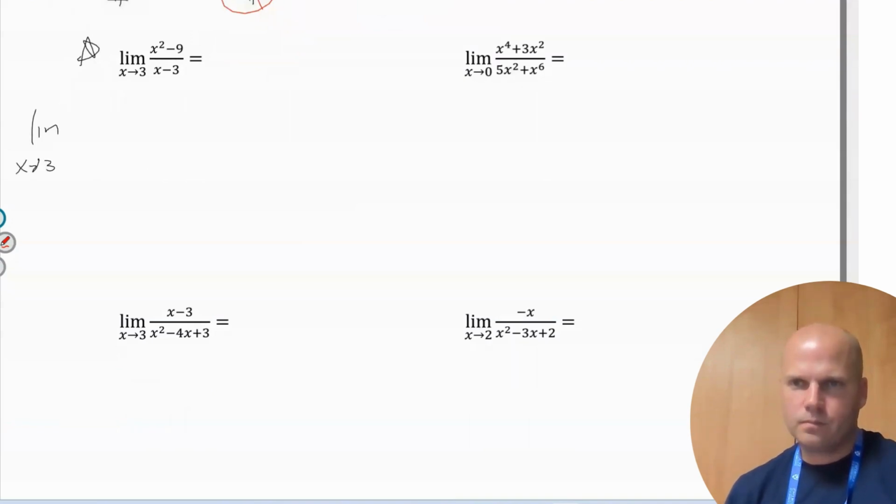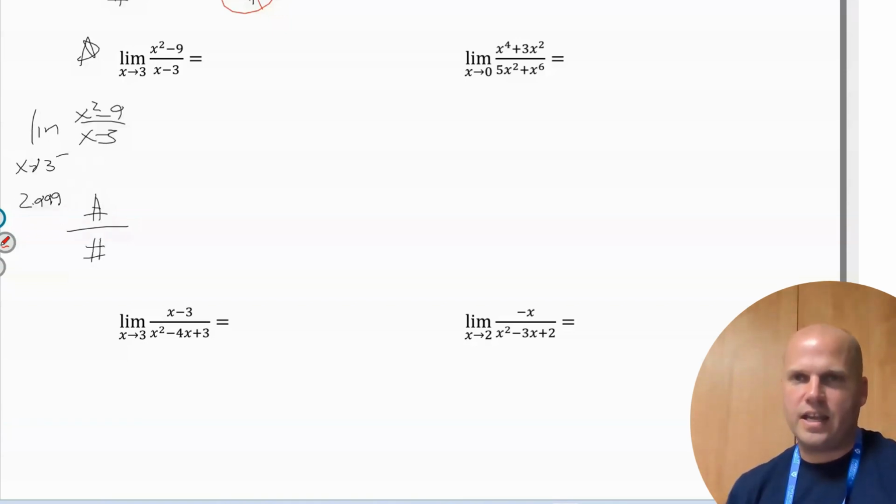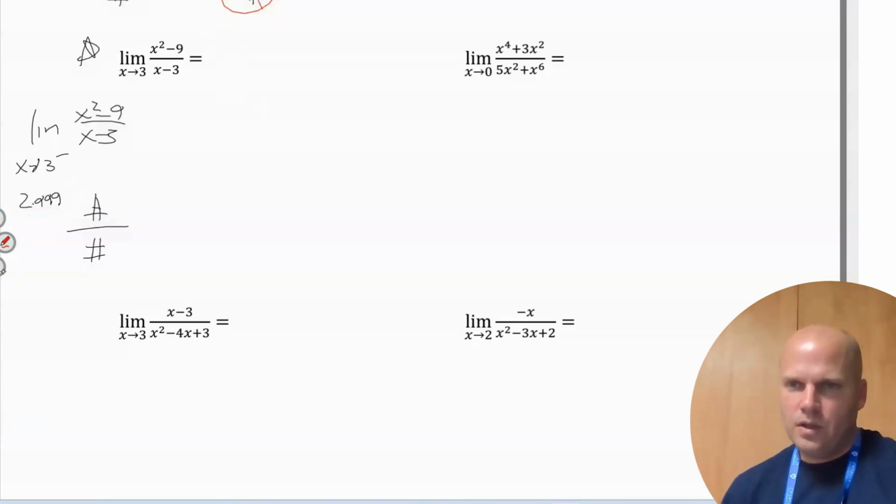2.999 into x squared minus 9 over x minus 3. And they're like, okay, when I plug in 2.9999 and I square it and I subtract 9, I'm going to get a number close to 0. And then if I plug in 2.99 and subtract 3, I'm going to get a number close to 0. And then they cancel this and they say, okay, this has to be 1. But here's the key.